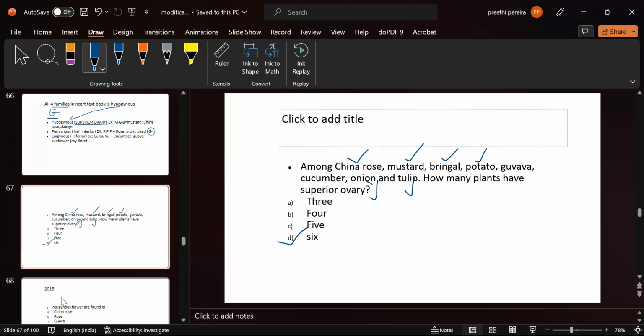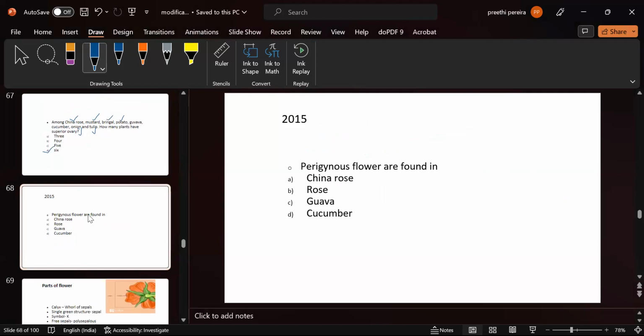Okay. Now try to do the next question. Perigynous flowers are found in, what is perigynous? The ovary is half inferior. So you know the mnemonic, let me know. Put it in the chat.